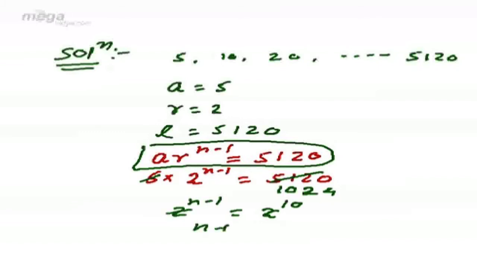You get n minus 1 equal to 10, then n is equal to 11. It means the 11th term of this sequence will be 5120. This is the first question related to the nth term of the GP, right?